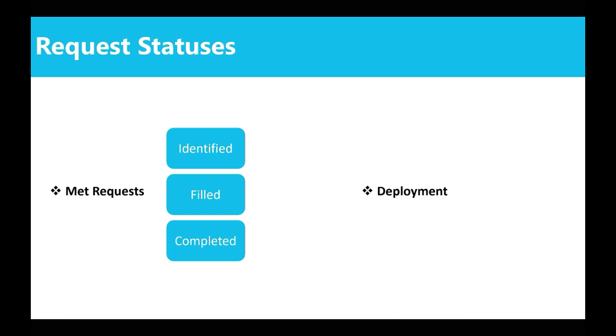In this definition, the key factor is the start of the assignment. So, in short, a deployment is a name we give to a request in its part of the life cycle where the statuses are either filled or completed. Roles with the status identified are still in the planning phase and they do not technically represent a deployment, though they are considered a MET request.